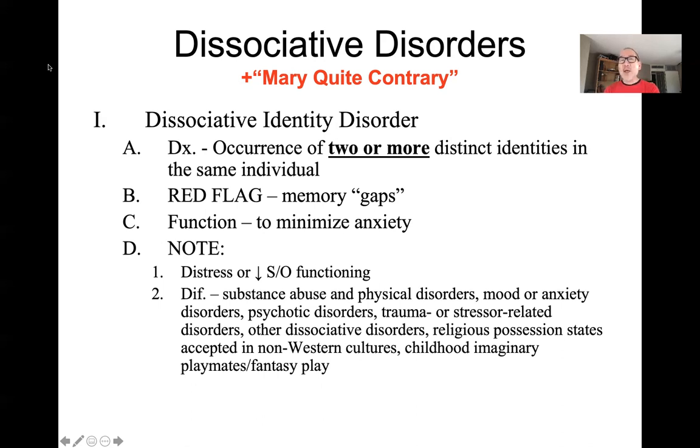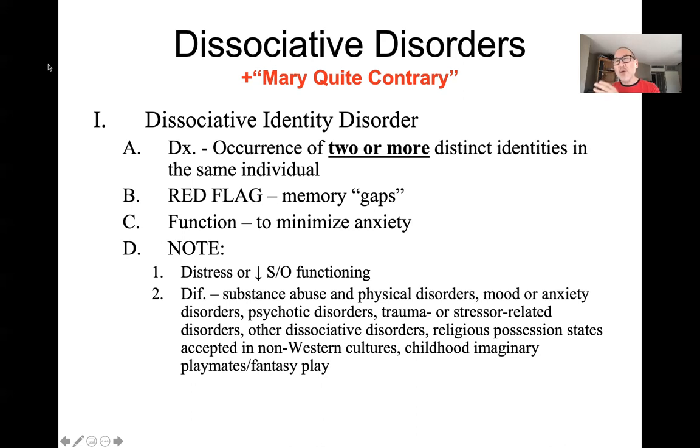A red flag of a person suffering from DID is memory gaps. For example, with Mary Quite Contrary, wondering how I just came home with a full tank, and when I go to my car the next morning, it indicates 50 or 100 miles have been driven. Things like that. The idea, in theory, of these other distinct identities is that they are ways to buffer anxiety.